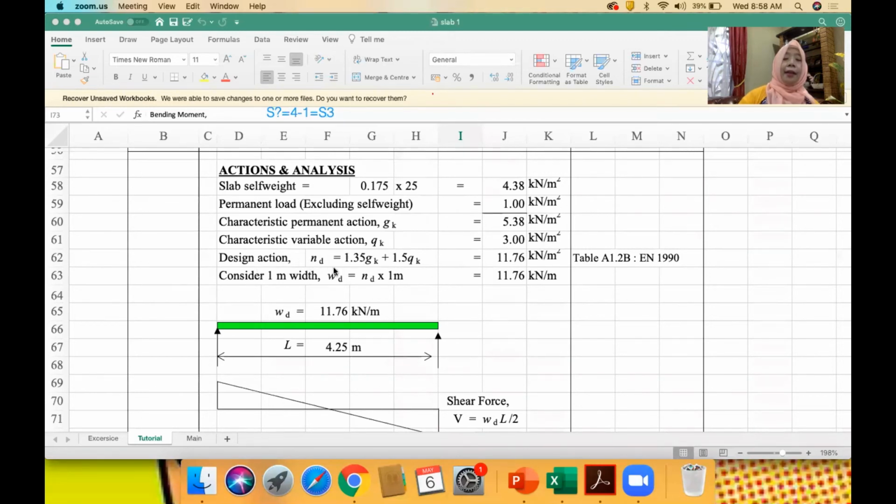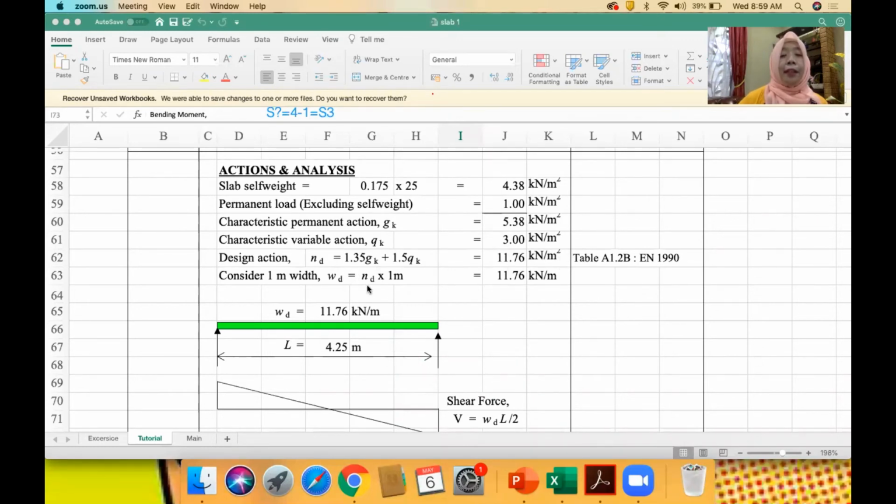And then the design action. This is on the slab. Let's say we name it as nd, 1.35 Gk plus 1.5 Qk. So we got 11.76. Remember, this is per meter square. Our design is per meter. Then you need to multiply by 1.